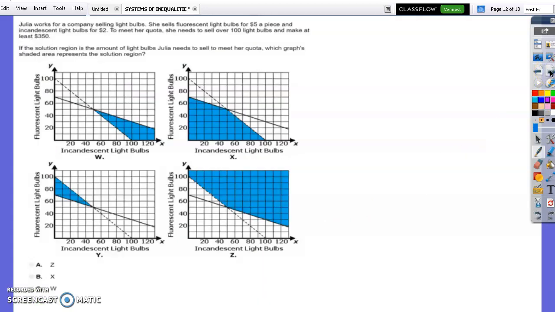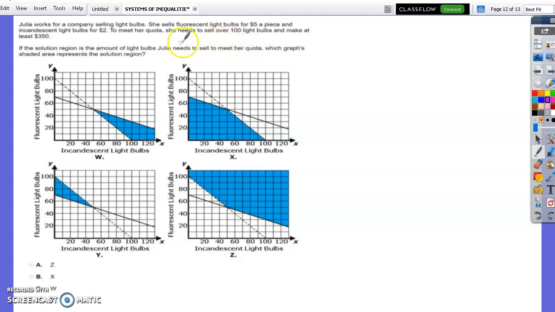Next. Julia works for a company selling light bulbs. She sells fluorescent light bulbs for $5 a piece and incandescent light bulbs for $2. To meet her quota, she needs to sell over 100 light bulbs and make at least $350.